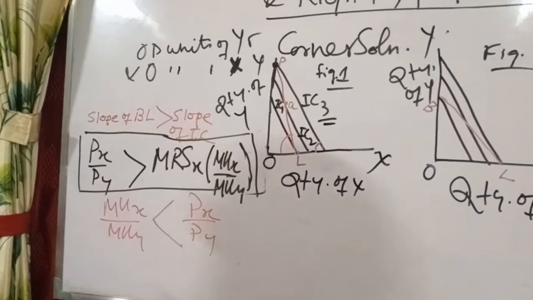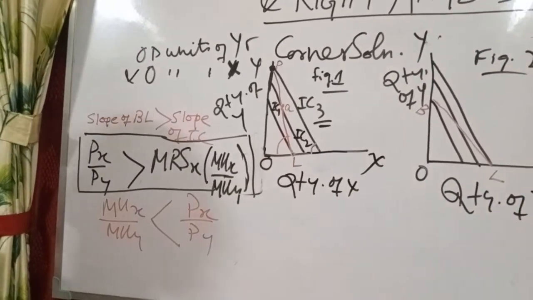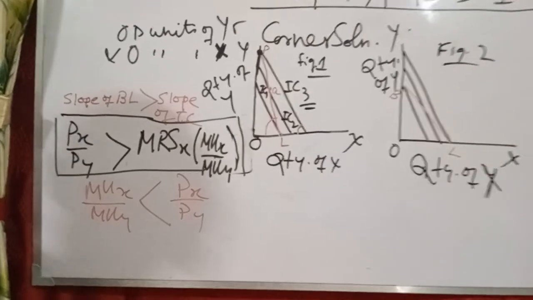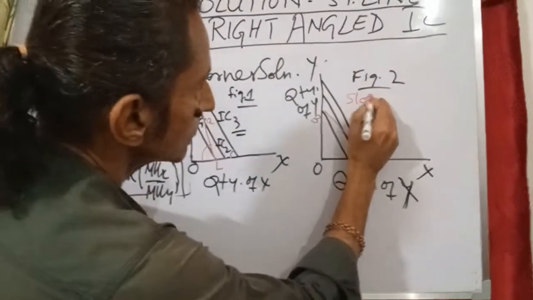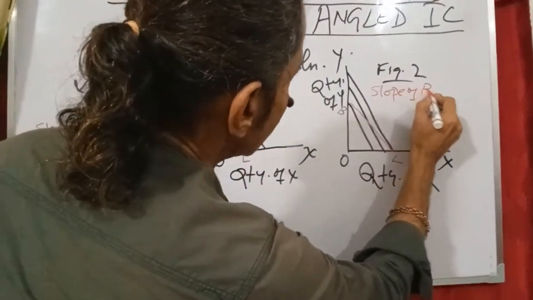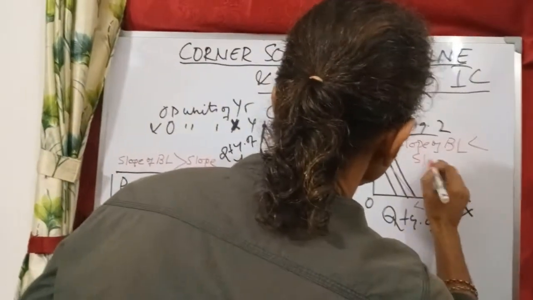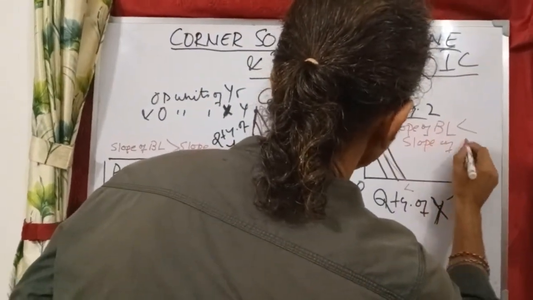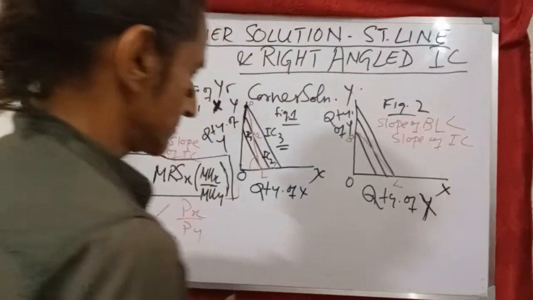On the other hand, consider figure 2. Here you see the slope of the budget line is less than the slope of IC.